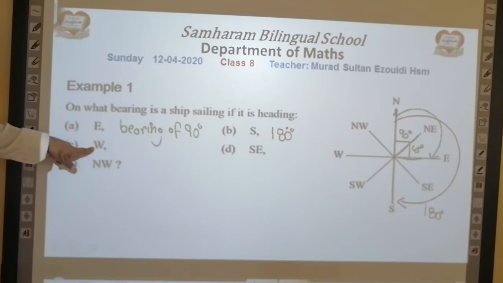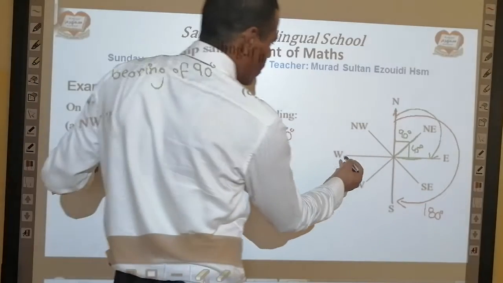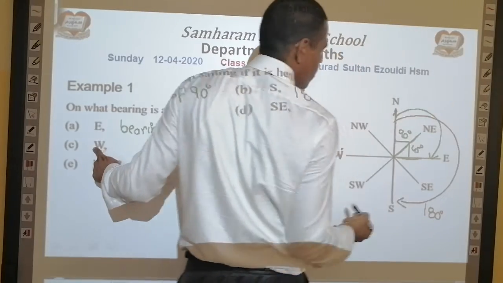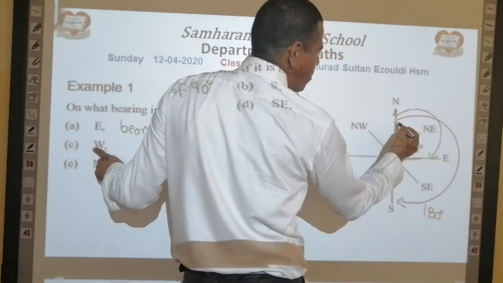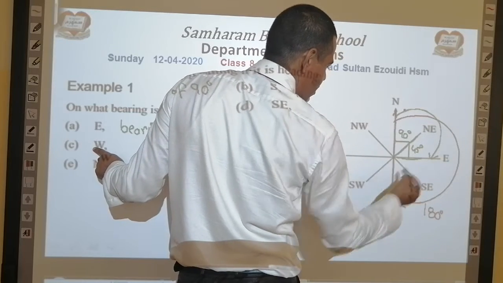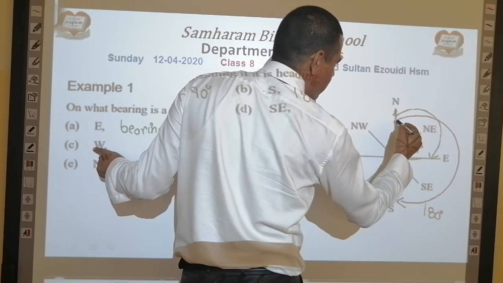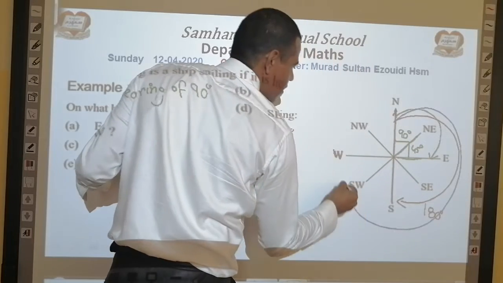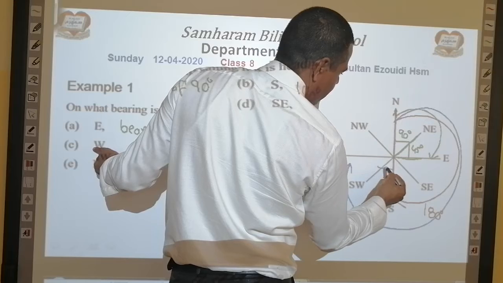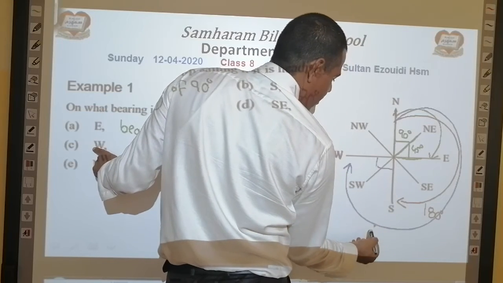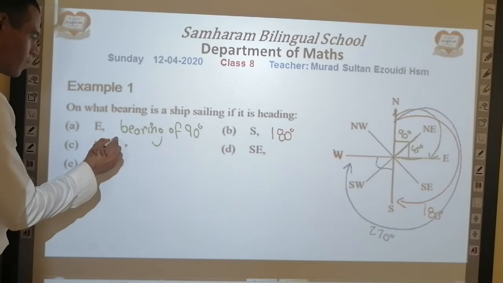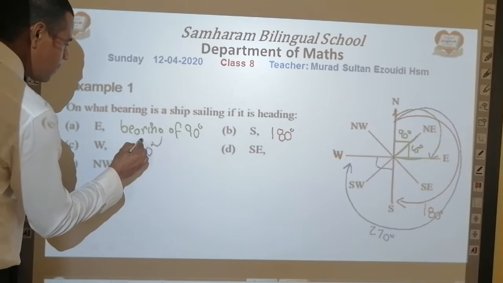Then to the west. What is the west? This is the west, okay? In order to measure this, my kids, to measure the bearing, I will measure clockwise from the north direction till I reach this point, okay? Like that. So, this one is 180 plus 90. So, it will be 270 degree.